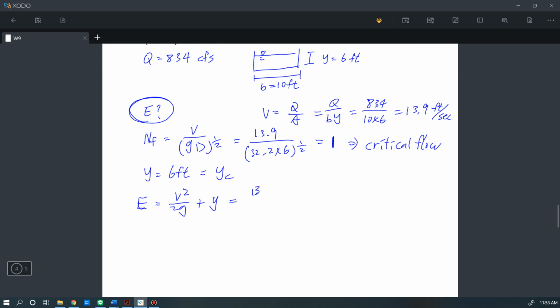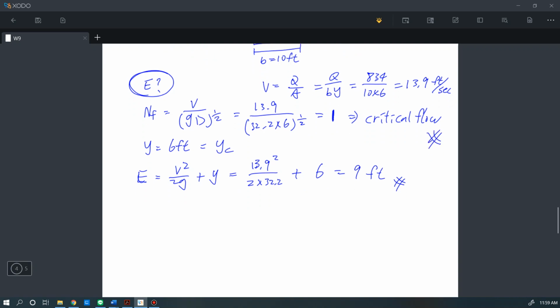We already calculated that the velocity is equal to 13.9, squared, divided by 2 times 32.2. Then you add y again, which is 6. Then we have a specific energy equal to 9 feet.